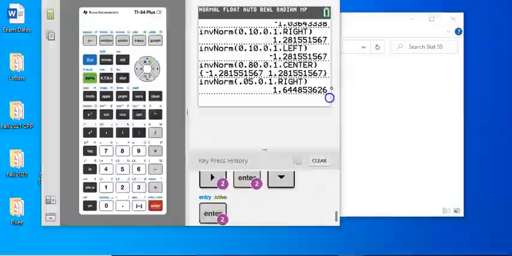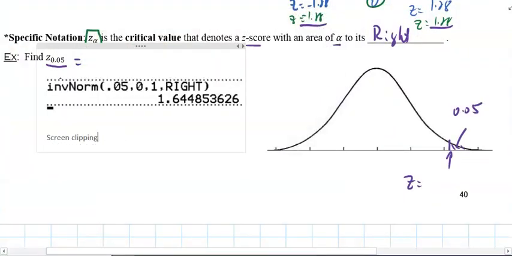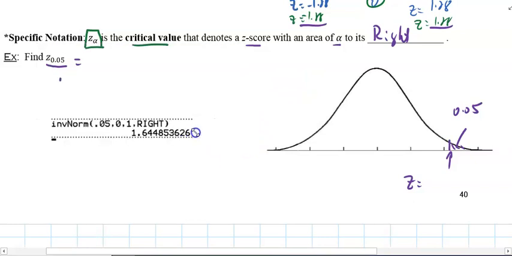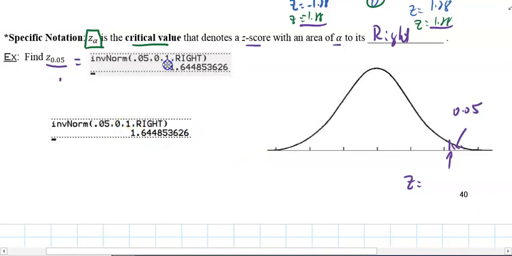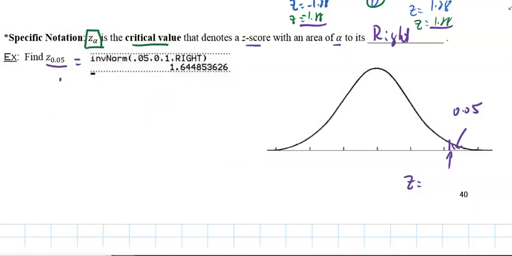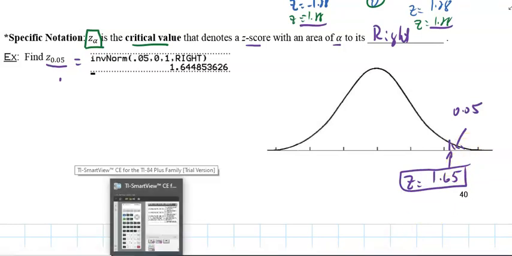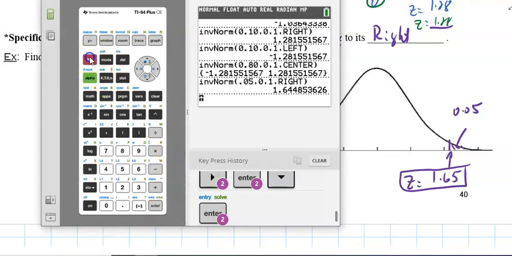Now, I'm not going to really keep on telling you could do this, you could do that, but again, you should be able to do area to the left, area to the right, and area in between. So that z-score is 1.65. Right? And you can check. If he gave me a z-score of 1.5 and I said, hey, what's the probability that z is greater than?